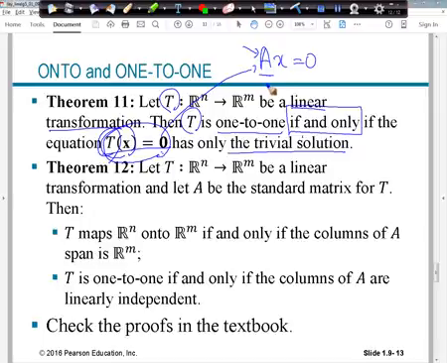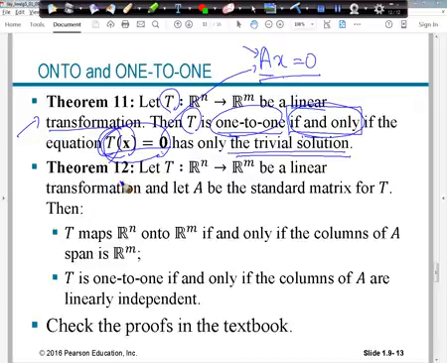Standard matrix, right? For this transformation. This is just a term. So if this has only the trivial solution, which means our matrix A has no free variable, that is exactly the same as T being 1-to-1. So that's what we already know.